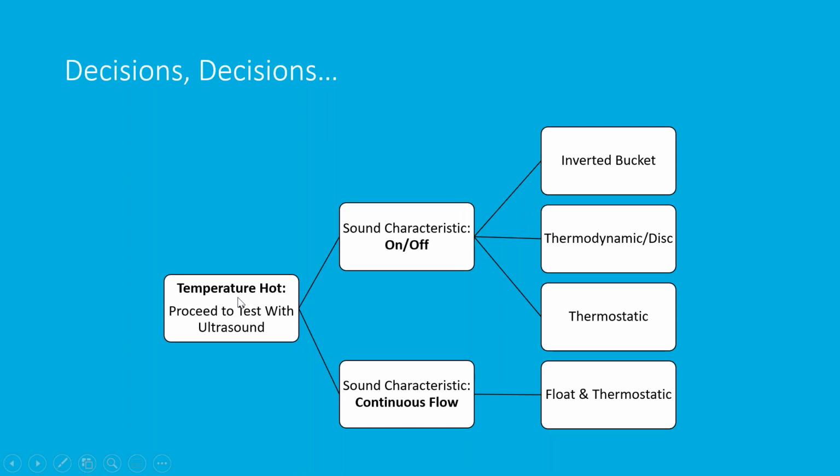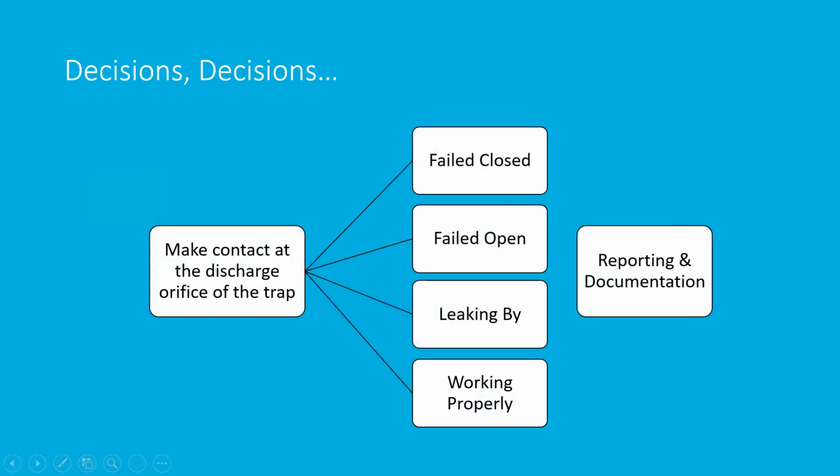Now, once we're ready to test with ultrasound, again, this is where the trap identification comes in. So based off of what we're hearing, we determine, again, if we have a discharge hold, that's going to be with inverted buckets, thermodynamic or disc traps, thermostatics, or continuous flow, that's going to be with your floating thermostatics. Now, we'll determine based off of not only our temperatures, but also what we hear with ultrasound. So, again, I start with temperature first.